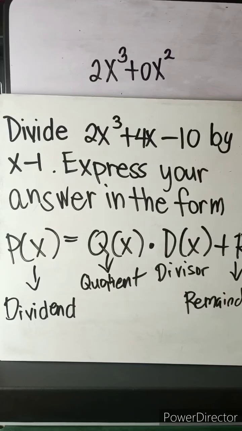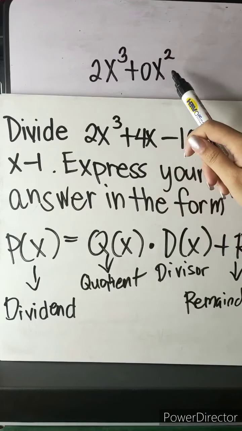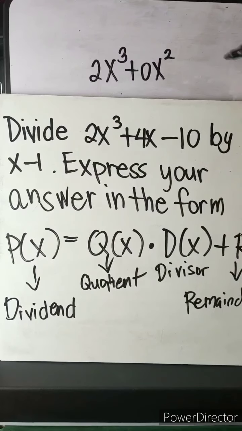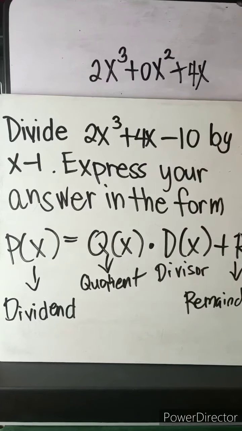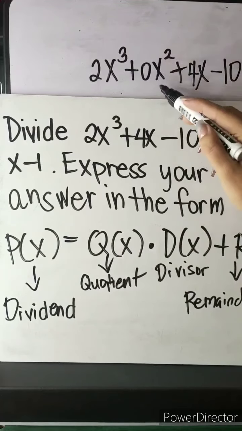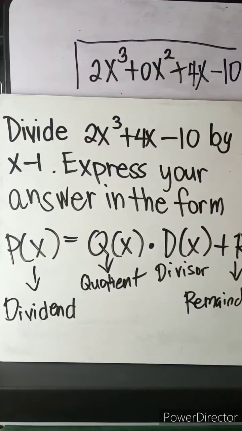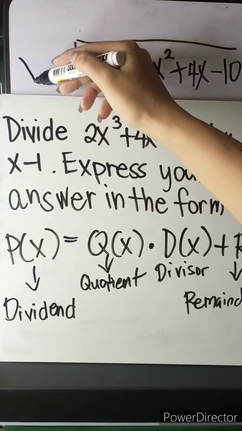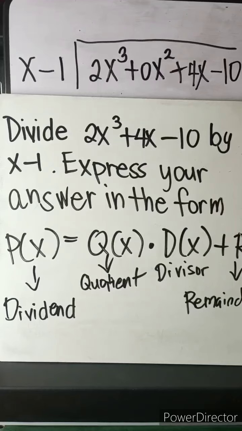Ganun po dapat. So, dahil highest natin dito ay raised to 3, dapat may 2nd degree tayo. And since we have our 1st degree, yun yung isusulat natin. And then, our constant. Dahil 2nd degree lang naman po yung kulang, yun lang po yung ating lalagyan ng 0. And then, of course, ito yung ating divisor.